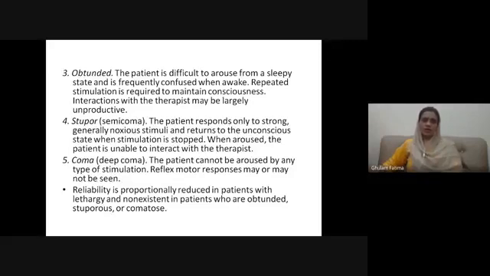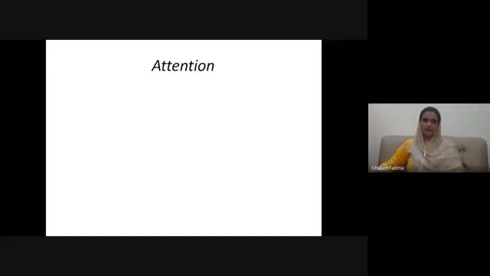If the patient is alert or lethargic, you can perform the sensory examination. If the patient is in stupor or coma, it is very difficult to perform a sensory examination. It will be fruitless, and you will have to wait.